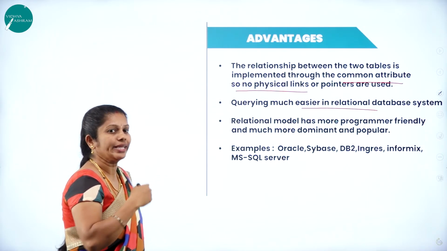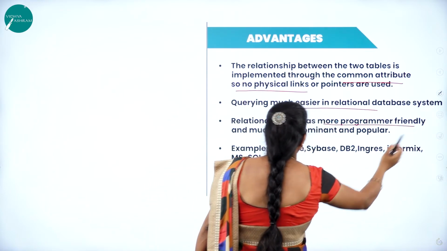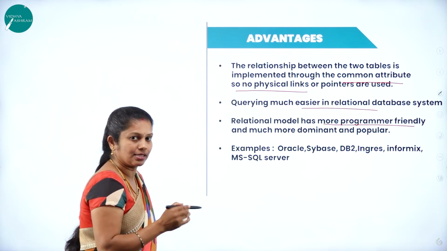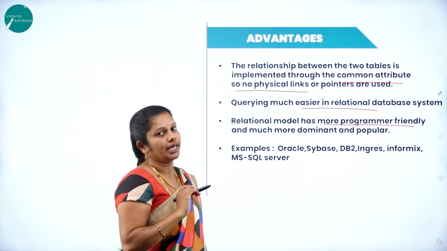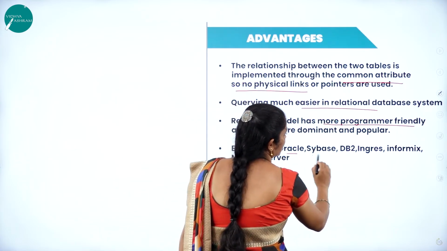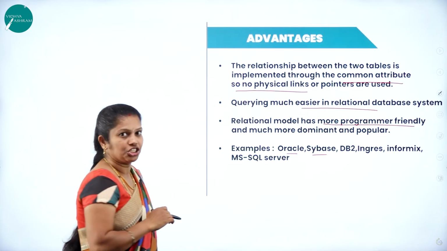Whatever query we want, we can easily write. The relational model is more programmer friendly. Whichever record we want, we can directly access, because everything is represented in the format of tables only. Examples are Oracle, MySQL, MyBase databases. These are a few examples of the relational model.